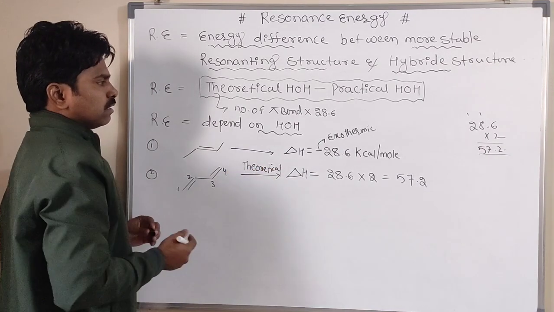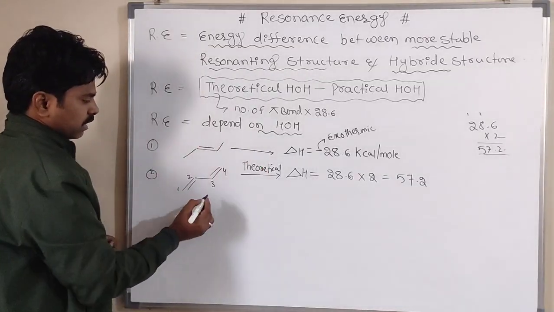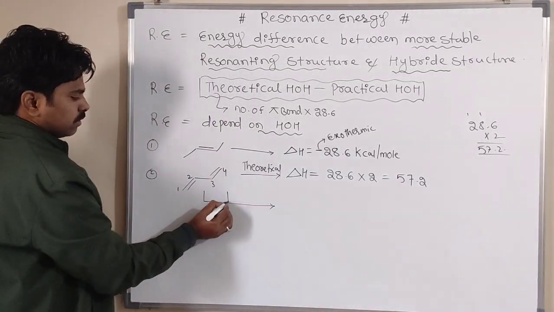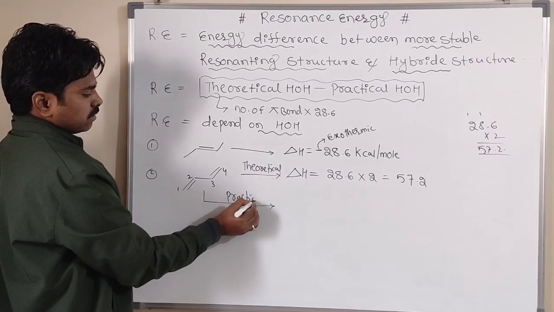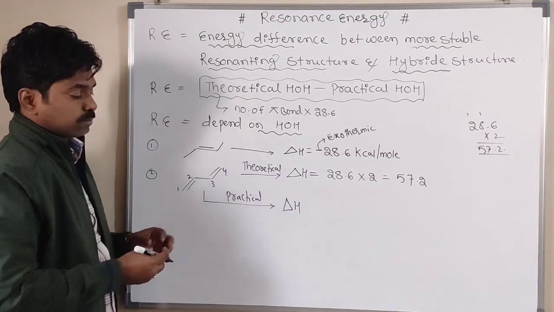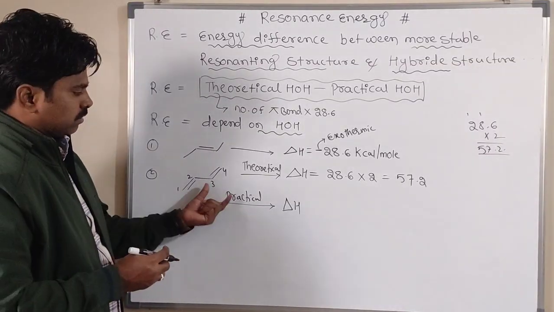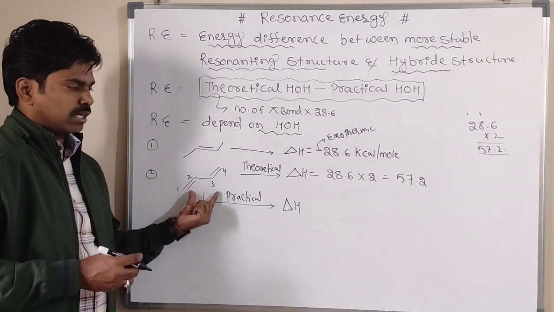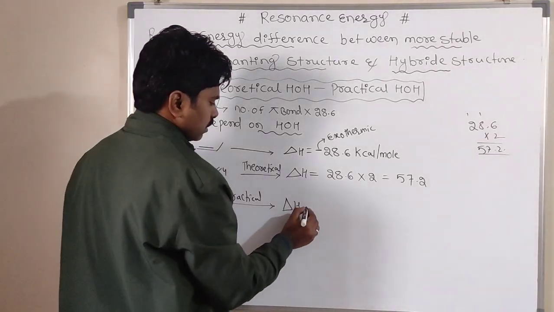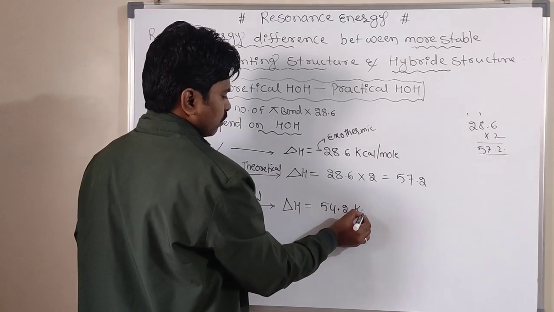It means number of pi bonds multiplied with the 28.6. What is the practical value? Practical value will be there in the paper. So the delta H, the experimental value by the hydrogenation of this 1,3 butadiene, experimentally the delta H is equal to 54.2 kilocalorie per mole.